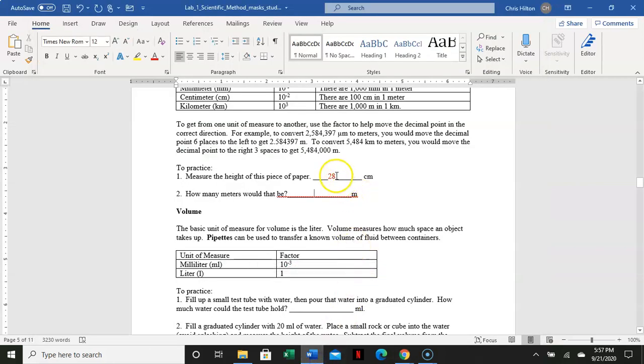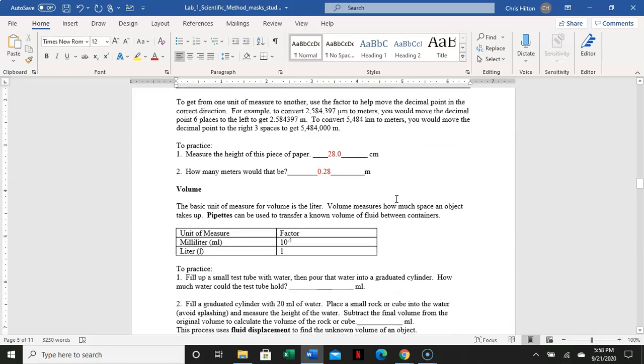So our decimal spot for 28 is at the end. So we'll move it 2 spots to the left. That would give you .28 or just 0.28. Most kids don't like the 0, but I'm a little old-fashioned, so I do. But it's not required. Anyway, so your conversion should be 0.28 meters, and that's your conversion.